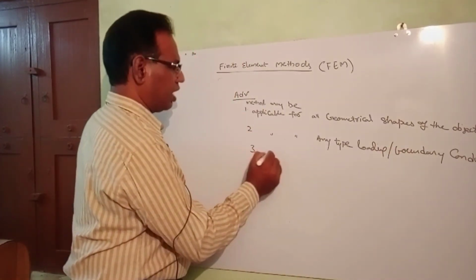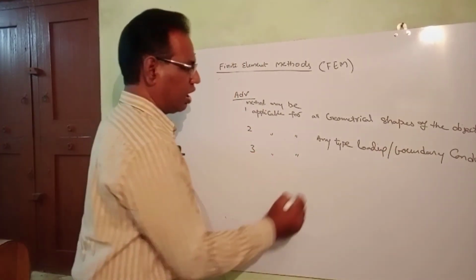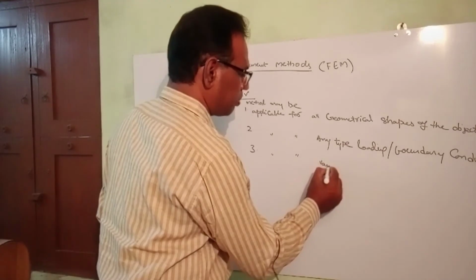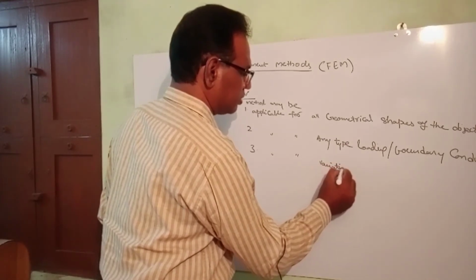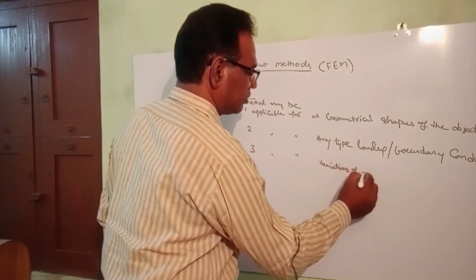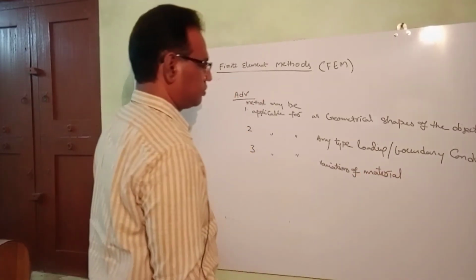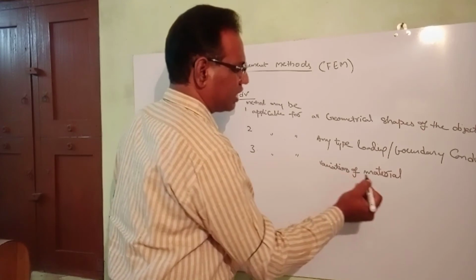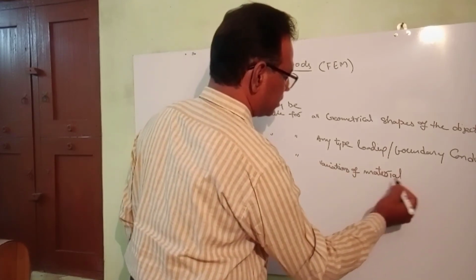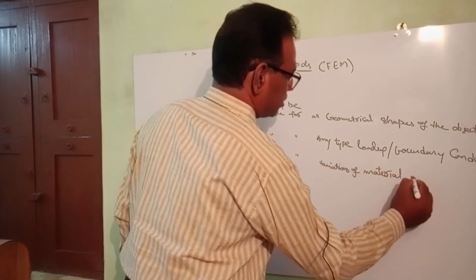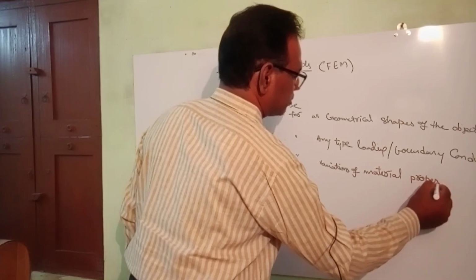Number three, applicable for all variation of material properties. If the material has property variation, then this is applicable.